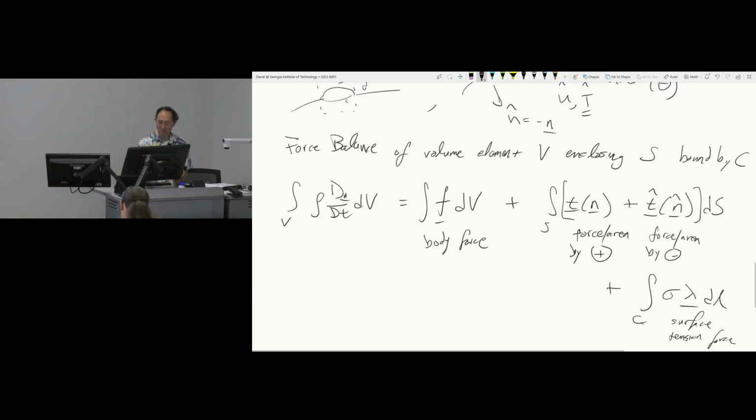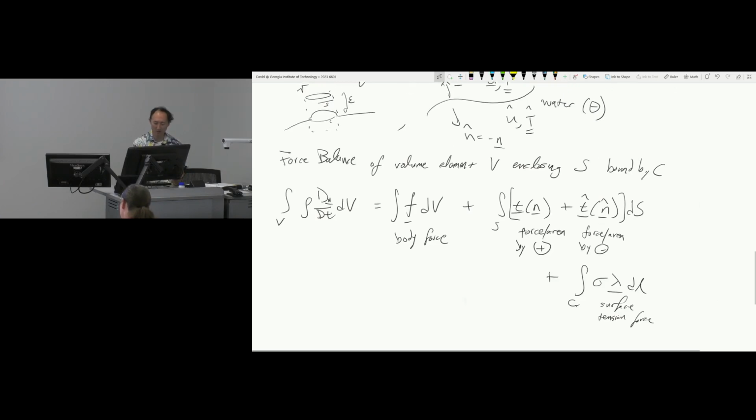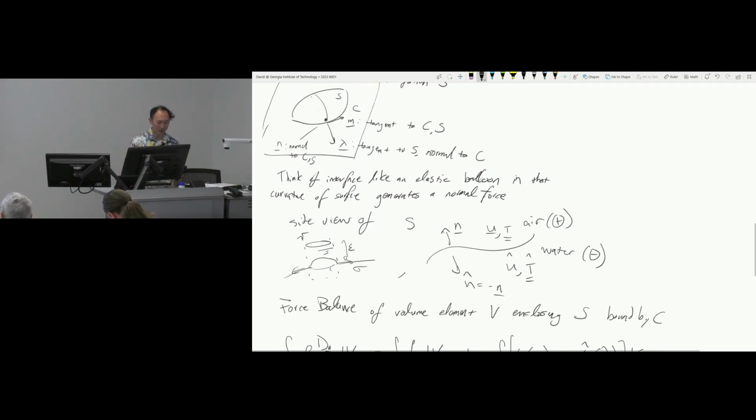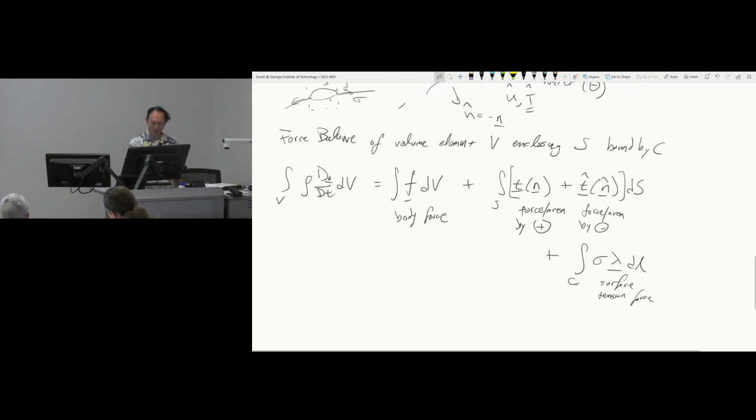All right, so basically you got the stress from the top and the stress from the bottom and body forces. And from the fact that the edge of this control volume, there are tensions that are pulling this outward. We drew them on the previous page with this lambda, but they're tangential to the water surface. So these are in the direction, everything is a vector here. This is in the direction lambda.